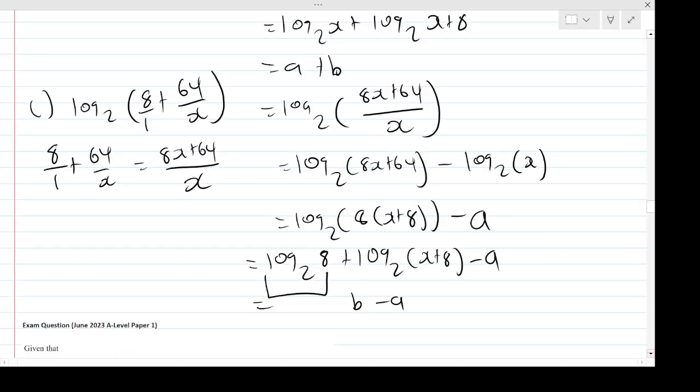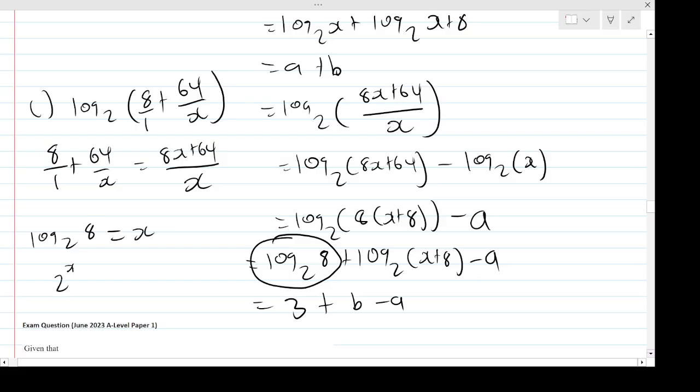But what about log base 2 of 8? Well, actually, there's no unknowns, there's no algebra in there. What you could do is just put that in the calculator and you would get 3. Okay, so this is going to be 3, add b and take away a, as my final answer. Or you could realise that log base 2 of 8 as an exponential, if this equals some value of x, then as an exponential, this is 2 to the power of x equals 8.